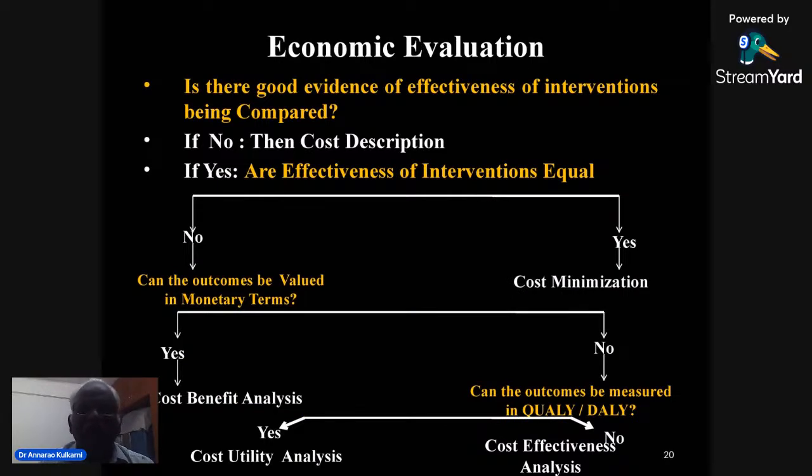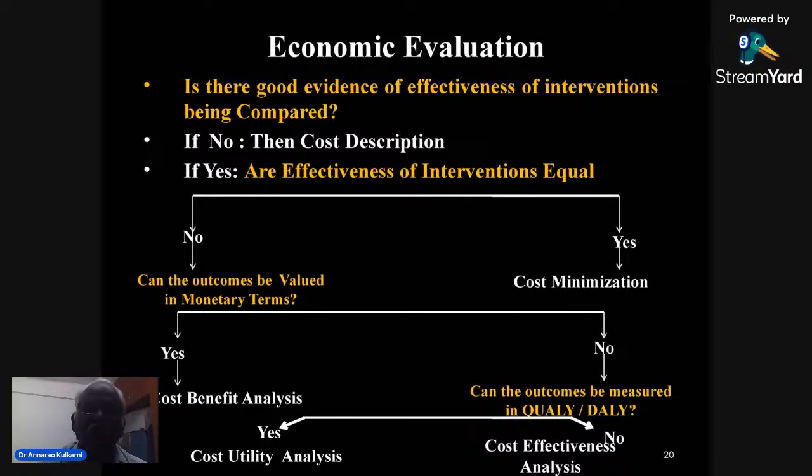Before we decide which economic evaluation we are going to do, we will ask ourselves a few questions which will help us decide. First question: is there good evidence of effectiveness of the interventions being compared? Let's say we have two interventions and their effectiveness is not at all proven.